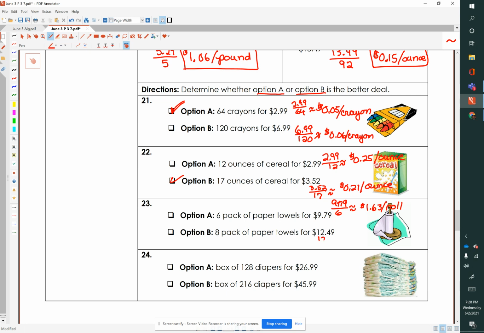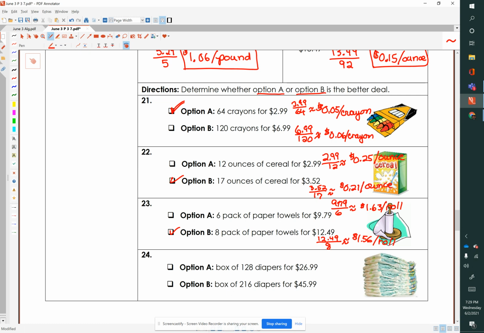And $12.49, the second option, divided by 8 is going to be approximately $1.56 per roll. So definitely B here is the better option, better bargain for your money.